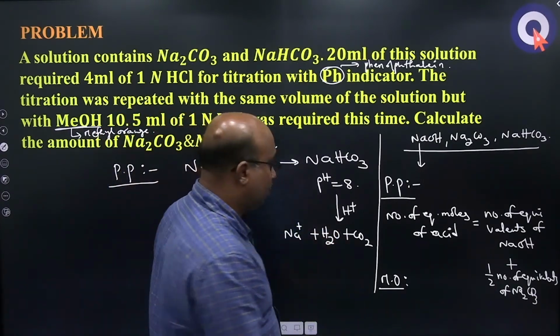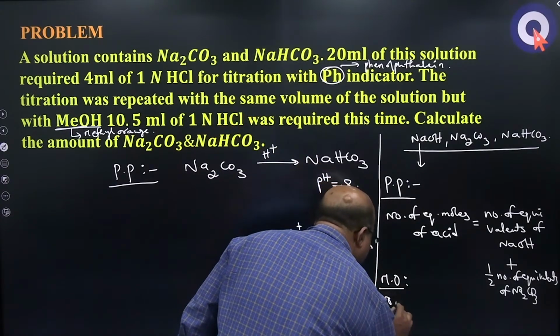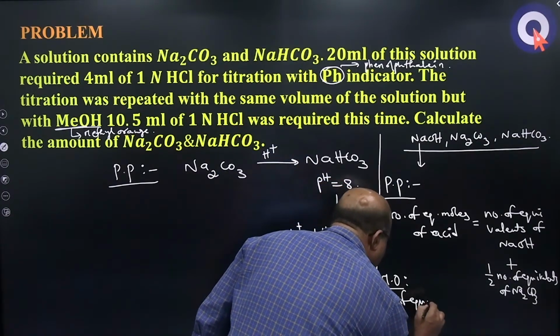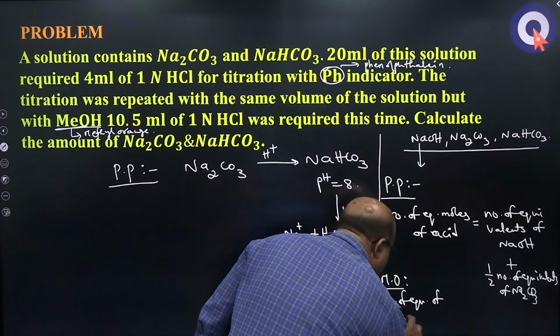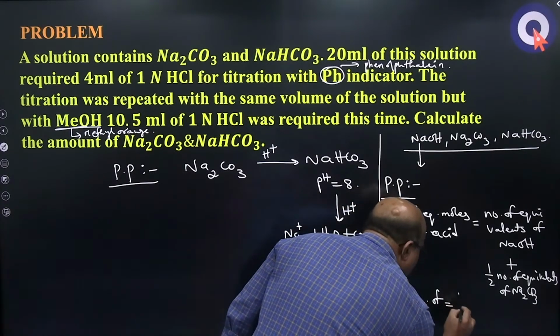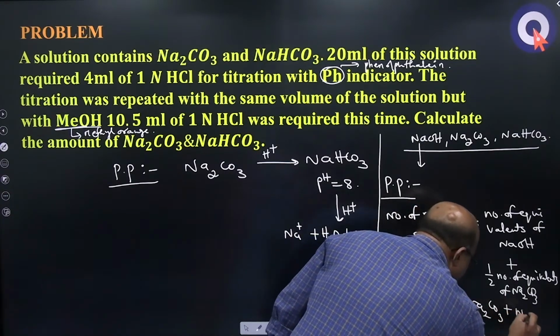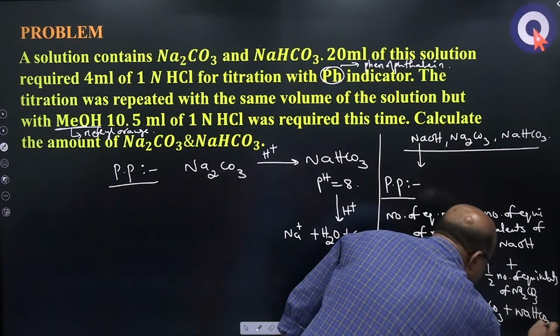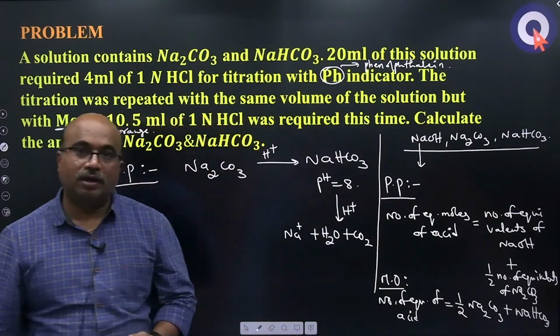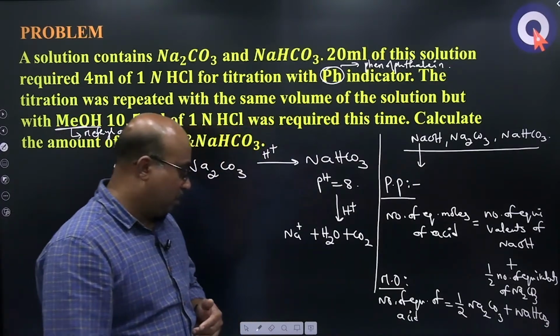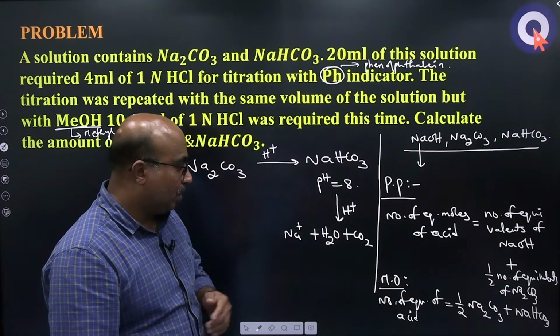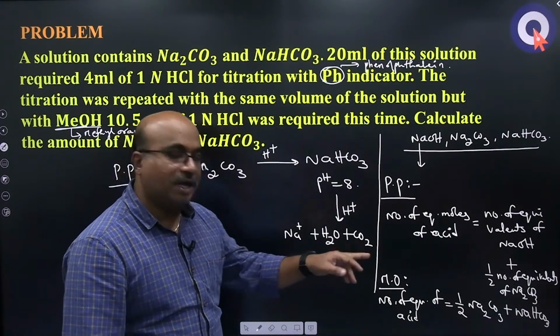So the number of equivalents of acid here should be equal to half of Na2CO3, we write simply like this, plus NaHCO3. I think you get it? So it is sodium carbonate plus sodium bicarbonate.